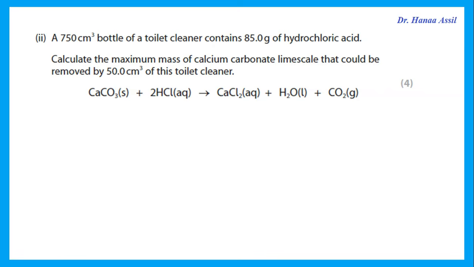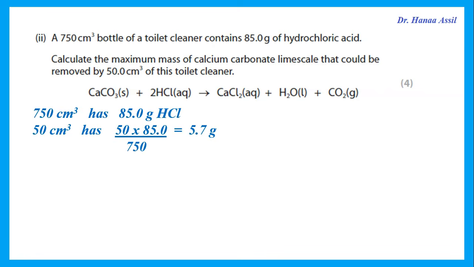A 750 centimeter cubed bottle of a toilet cleaner contains 85 grams of hydrochloric acid. Calculate the maximum mass of calcium carbonate limescale that could be removed by 50 centimeter cubed of this toilet cleaner. So, the toilet cleaner has 750 containing 85 grams.